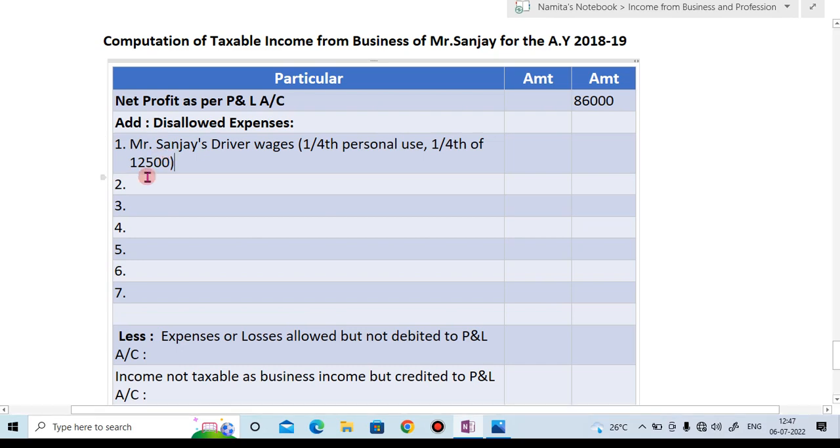So 1/4 of 12,500, that is 12,500 divided by 4, we get 3,125.